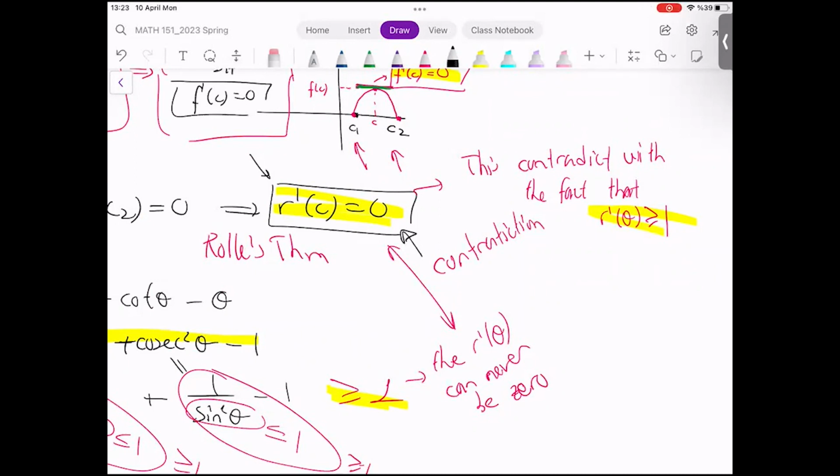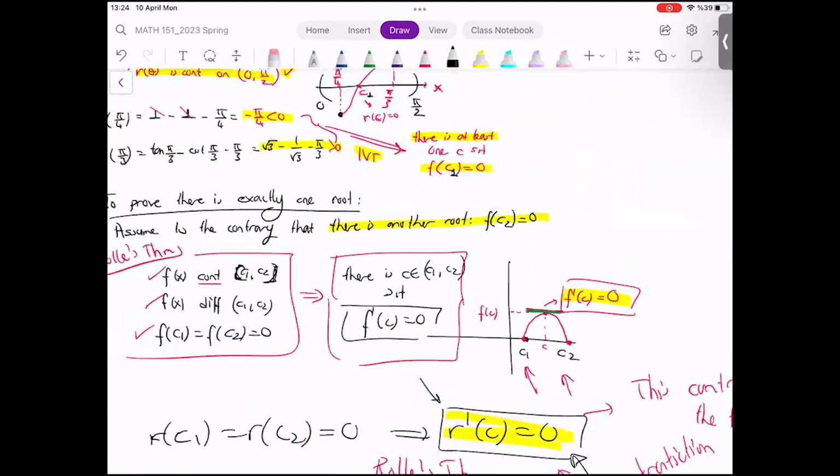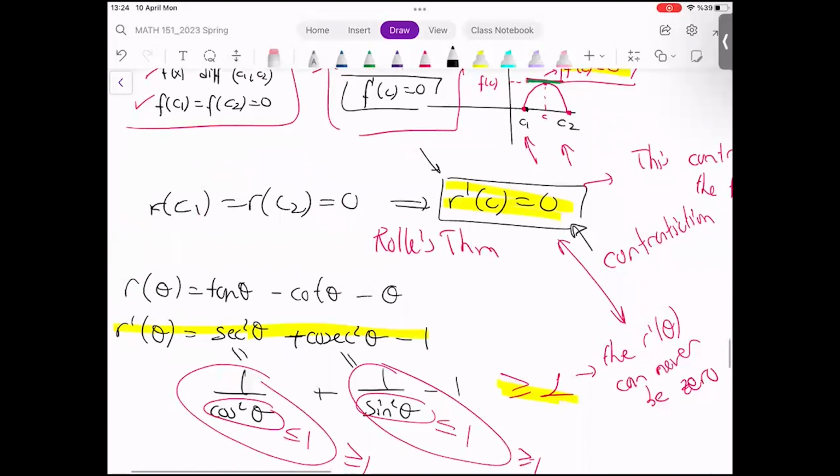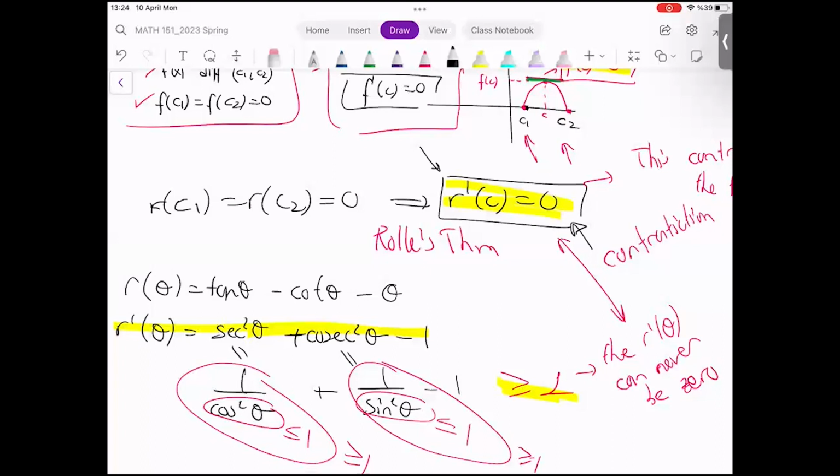And if in your math exams or anywhere, you are asked to prove that there is exactly one root, you will first use the intermediate value theorem to find there is at least one root. And then you will use Rolle's theorem like that to prove that there cannot be another root, like we did in this solution, okay?